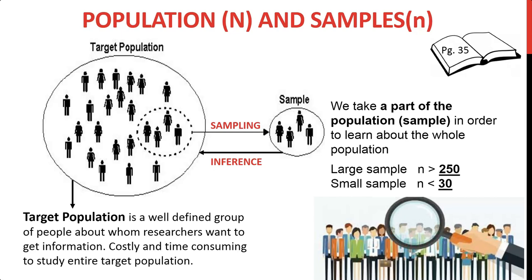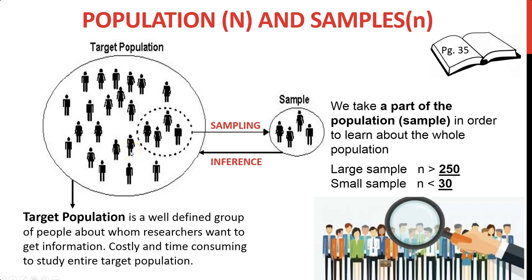Really costly and time-consuming to try and study every single member of the target population. So what we do instead is we take a small part of that population from the larger group in order to learn and make inference back to the entire population.